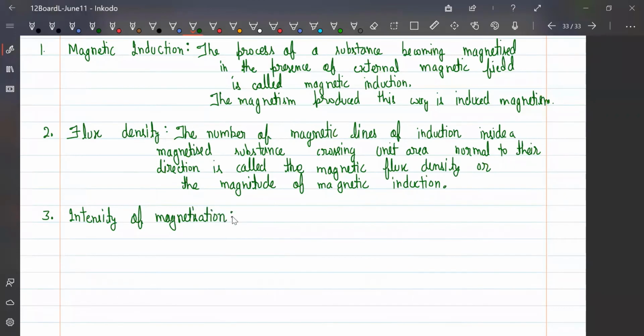It is defined as magnetic moment per unit volume. When we apply an external magnetic field, small magnetic dipoles are induced, and due to that there is magnetization. So intensity of magnetization is magnetic moment per unit volume of the magnetized substance.